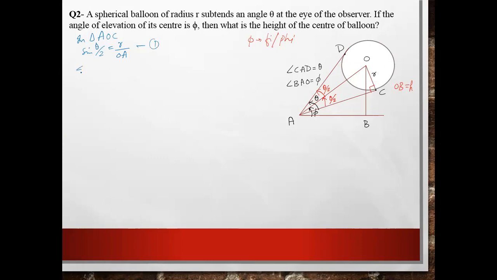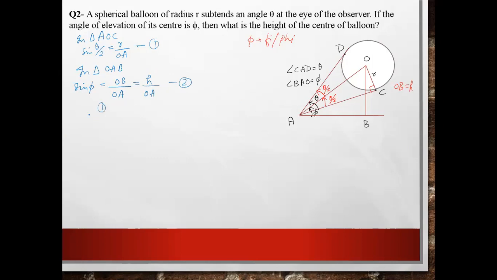All right, now in triangle OAB, similarly I can write sine of phi as this OB, which is the perpendicular, upon again OA, which is the hypotenuse. All right, and I mentioned OB as H, so I'll write H, which is the height I need to calculate, and OA will remain as it is. Consider this equation number 2.